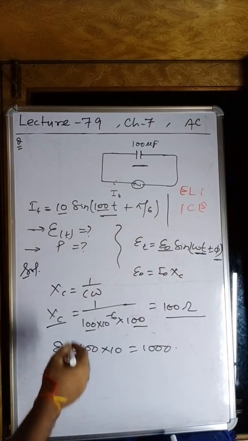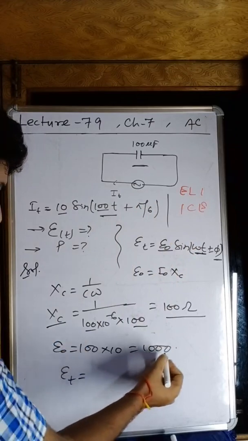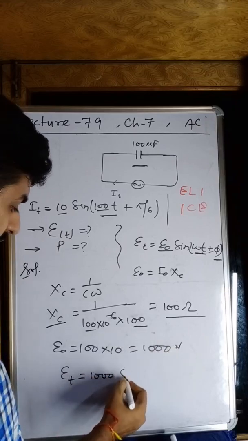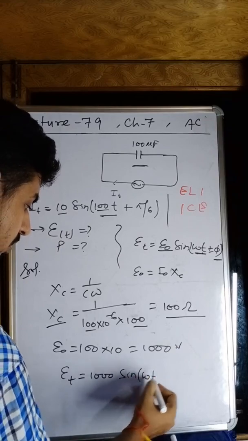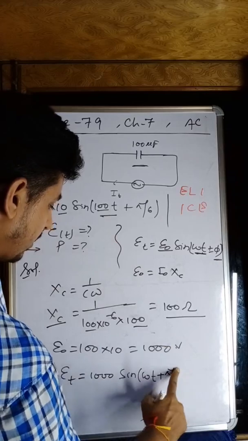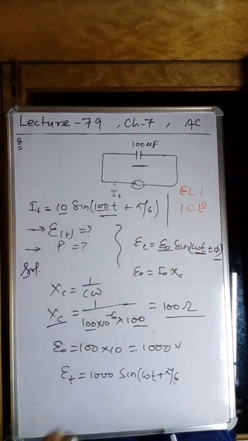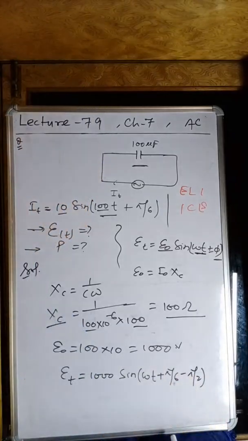So we can write the equation as E(t) equals E naught, which is now 1000, sin(omega t, and plus pi by 6 already, but the voltage lags by pi by 2, so minus pi by 2).